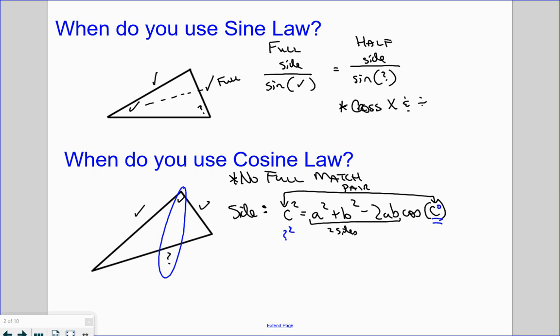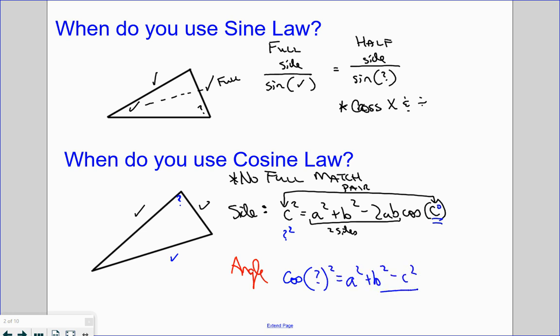Okay. Now, if you're looking for an angle, I just need to switch this around here. If you're looking for the angle, so this is the one that you're looking for, which means you know this one. So the formula is cos c, question mark, equals a squared plus b squared minus c squared over 2ab.